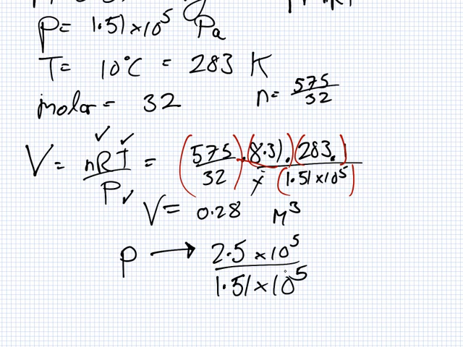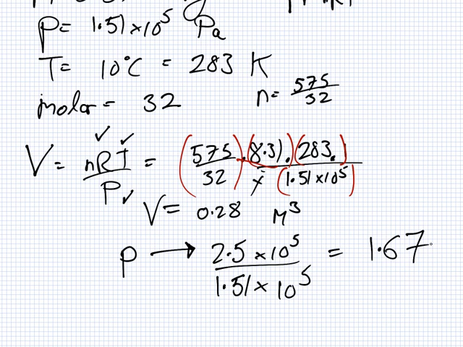So what has happened is the pressure has increased. Did you type this in like I asked you to? It's 1.67. Thank you, that sounds more like it. So the pressure has increased by a factor of 1.67.